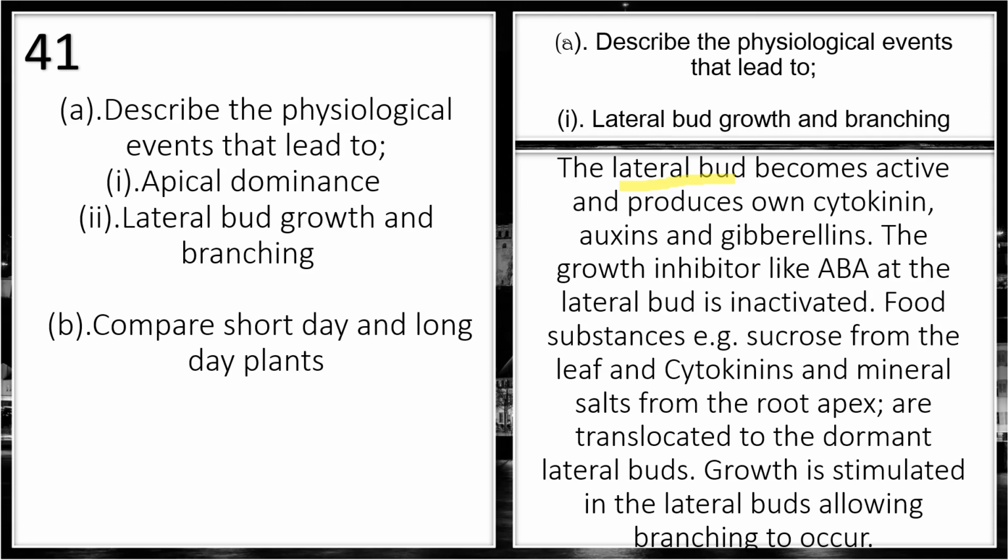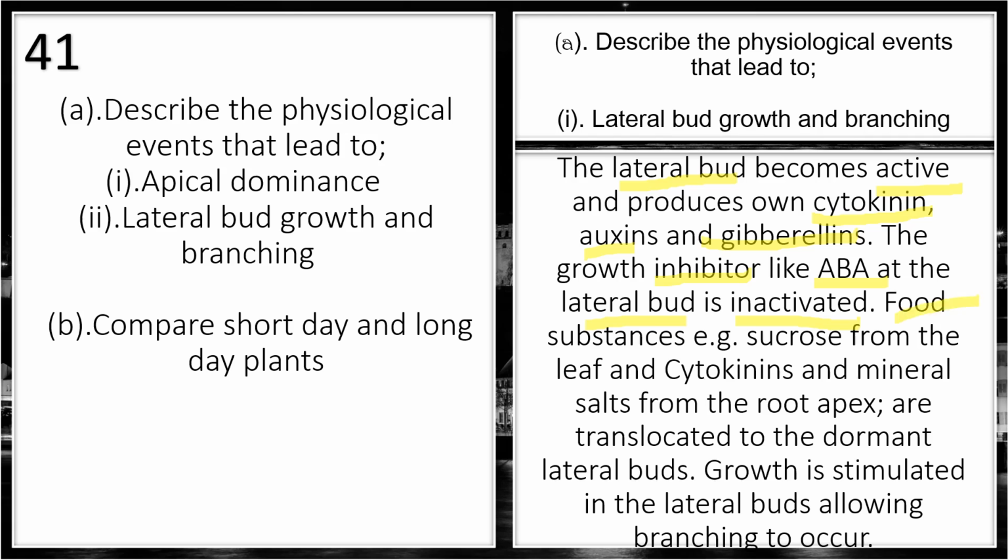The lateral bud becomes active and produces its own cytokinin, auxins, and gibberellins. The growth inhibitor, like abscisic acid, at the lateral bud is inactivated.